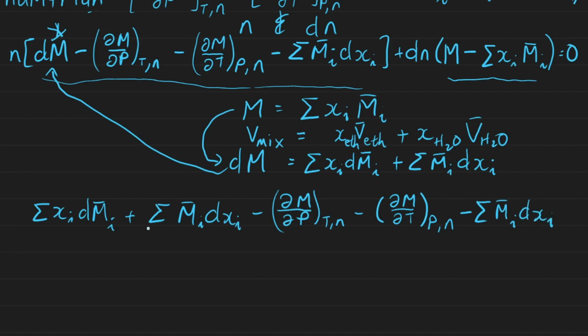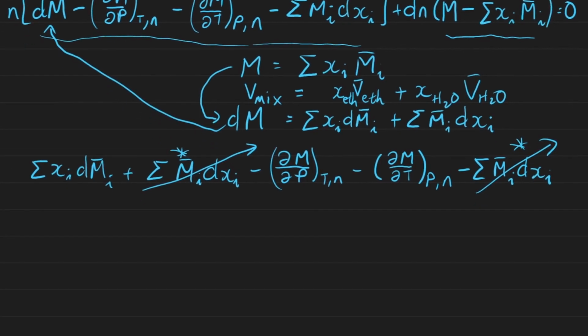So what do we see? We see that this term and this term are actually equal, and we have a plus and a minus, so they essentially both become 0. So all we then do is write what's left, and we should also note that this entire left-hand side is equal to 0.